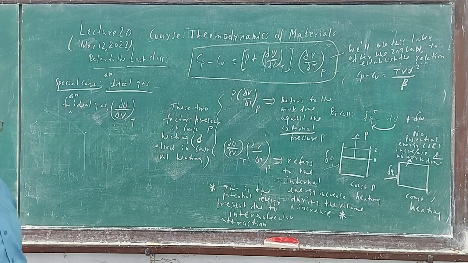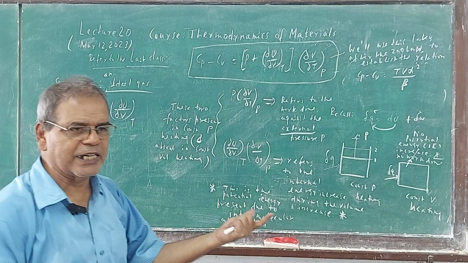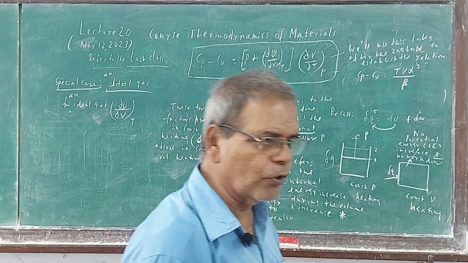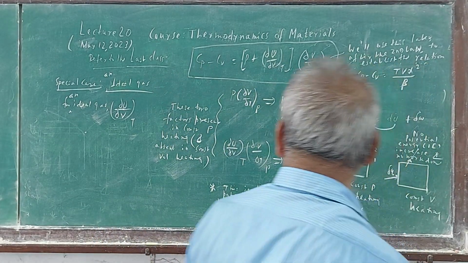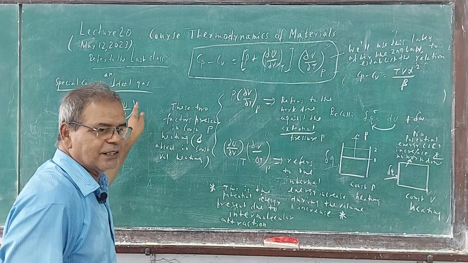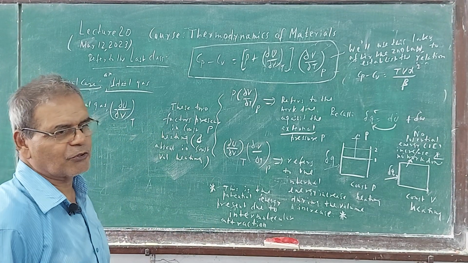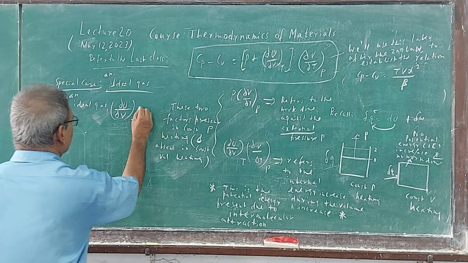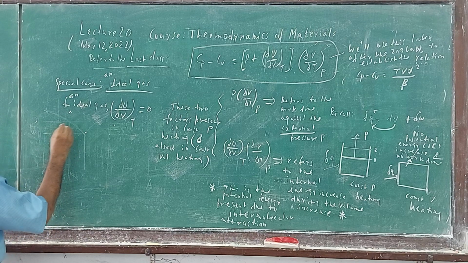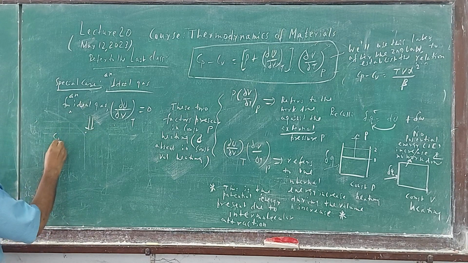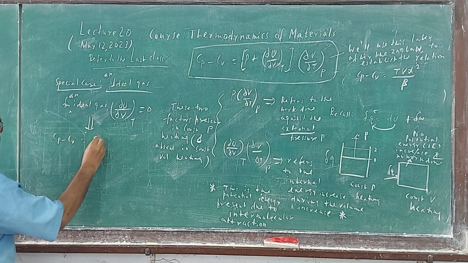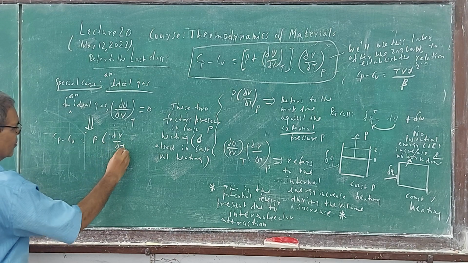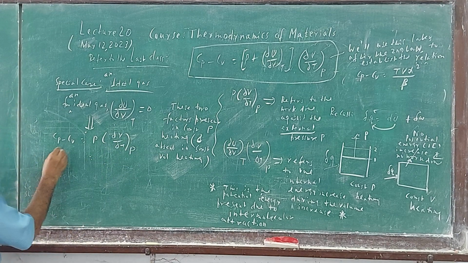At constant temperature there is no scope of any internal energy change; internal energy is solely a function of temperature. For example, dU is 3 by 2 RT, so d/dV of 3 by 2 RT at constant temperature is 0. So this leads to Cp minus Cv is P del V del T at constant pressure.